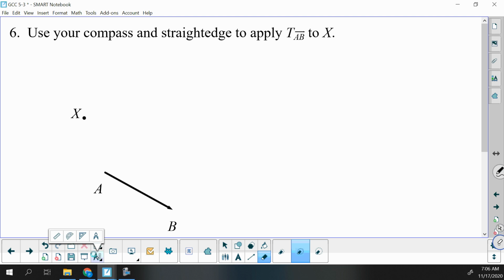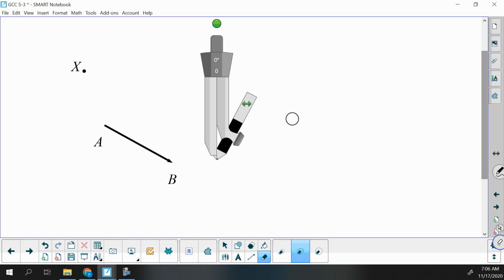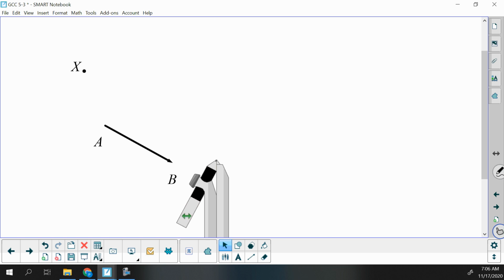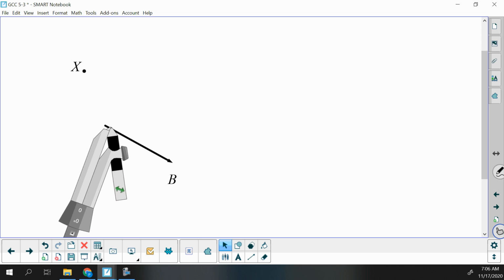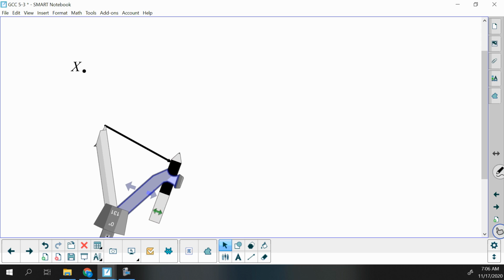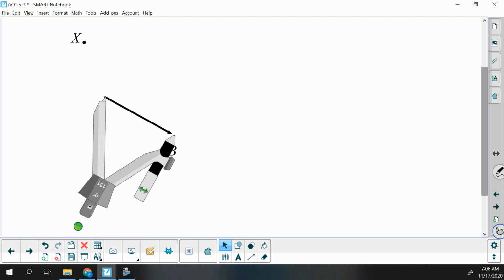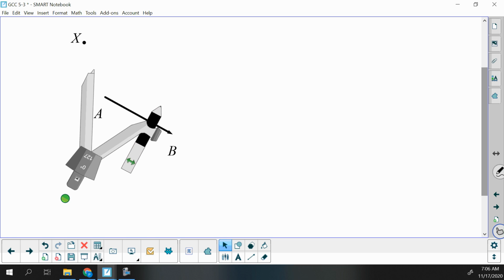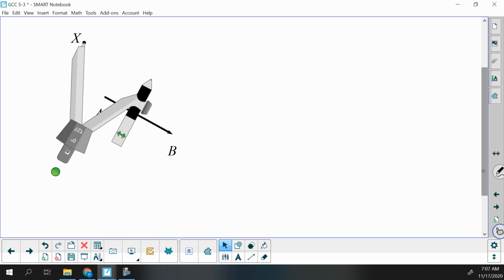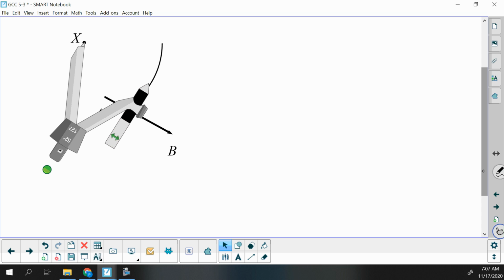So the first thing we do is we take our compass and straight edge and we set it to the length of AB. So to do that, you're going to put your point on A and you're going to put your pencil on B. Okay, so point on A and pencil on B. Now what you're going to do is keep the compass the same, and we're going to move over to X. Put your point on X, and make an arc kind of in that general direction where we predicted X would shift to.